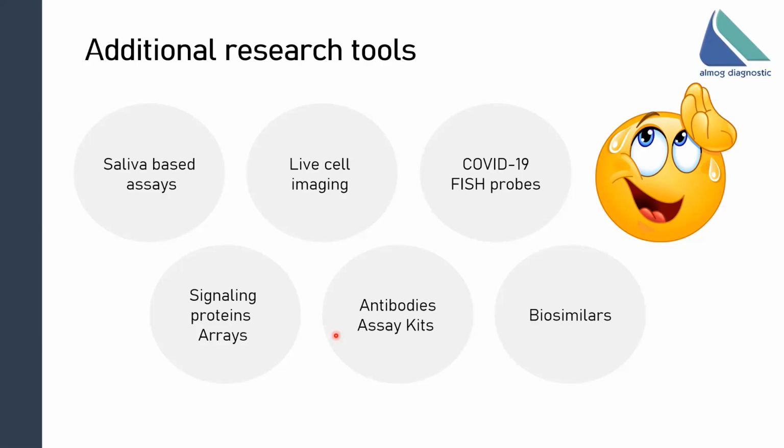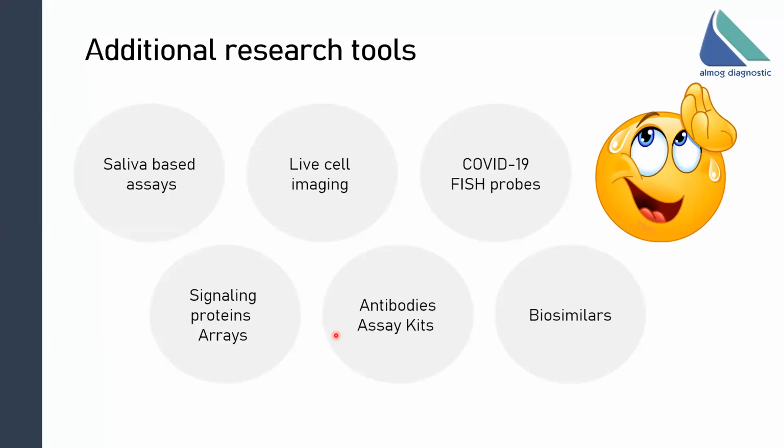You can also perform live cell imaging with, let's say, the lentiviral particle, which is the EGFP, where you can image the infected cells. You can also use kits that are FISH probes. If your samples are tissue samples that were infected with the virus, or cells that are already known to be infected, then you can detect the viral particle inside those cells.